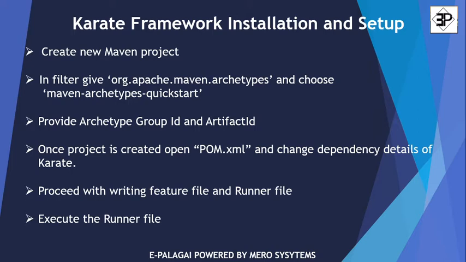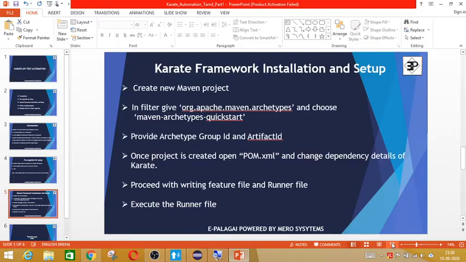So the feature file, the runner file, etc. are part of BDD concept, where in BDD you will be writing feature file. So if you are not aware of BDD, just learn basics of BDD, that will help you. We don't need any in-depth knowledge on that because even Karate framework uses high-level BDD, not a very detailed one.